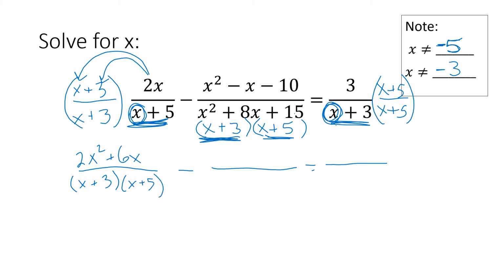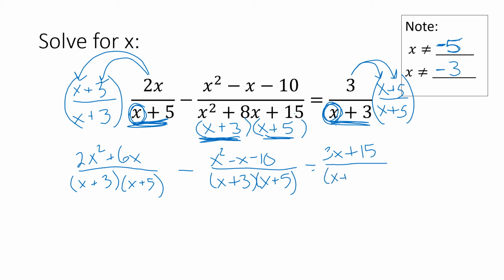In the middle, I didn't change anything. And I've got that x plus 3 times x plus 5 on the bottom. And on the right-hand side, I've got 3 times x is 3x. And I've got 3 times 5 is 15. On the bottom, I've got x plus 3 times x plus 5.